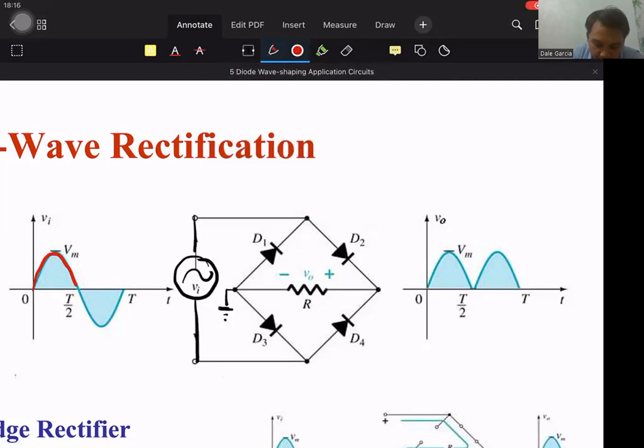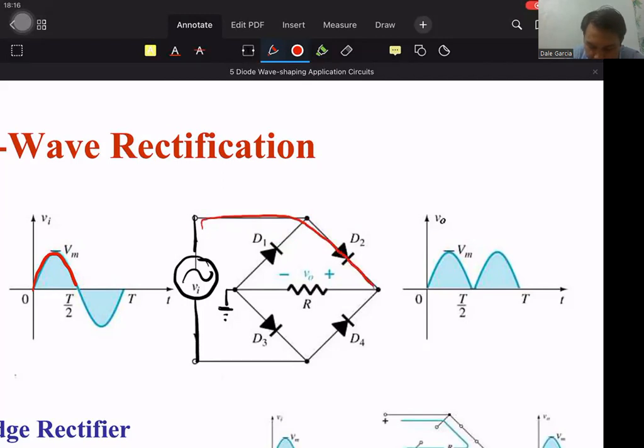It goes from the source in that direction. It cannot pass through here because it is blocked. So the positive half cycle will be blocked by diode D1. Our current will flow only in the direction that the diode allows. It cannot pass there because the diode blocks it. So there's no other way but here.